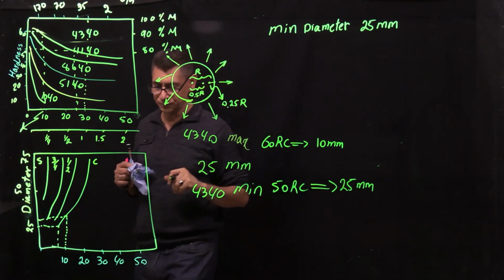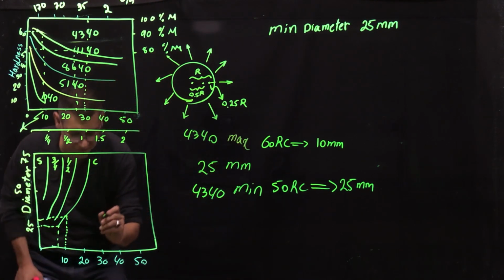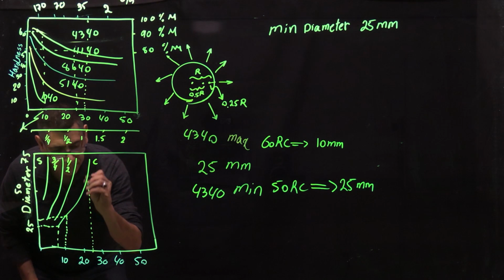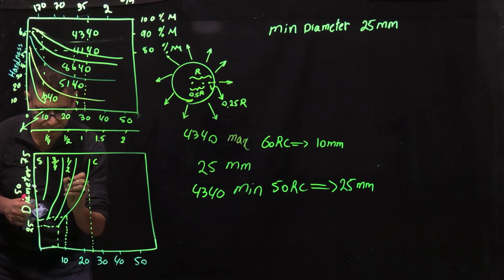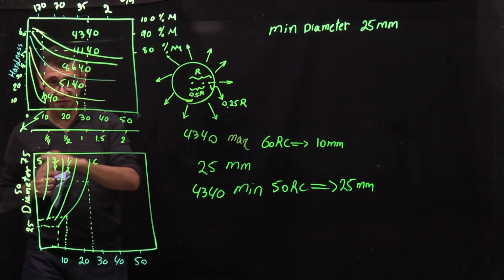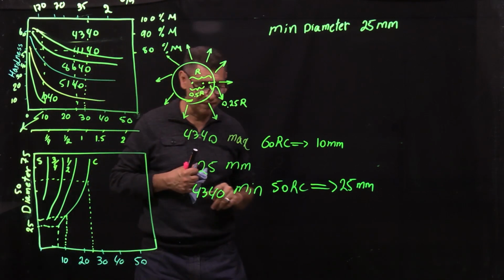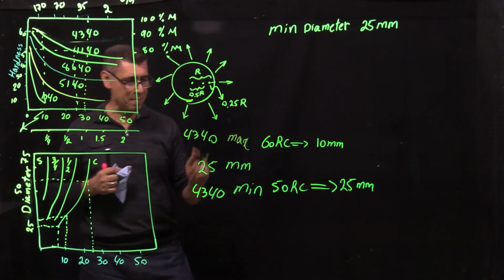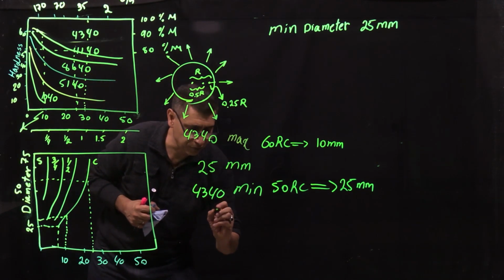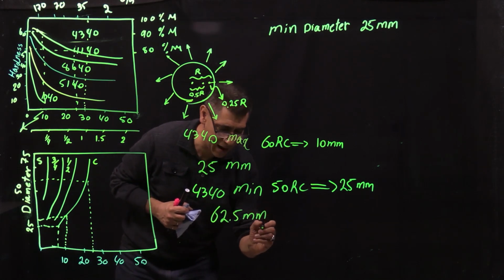And then I go to 25 right here, go here, and this gives you something between 50 to 75, halfway through, well, 62 and a half. So this gives you the maximum diameter. Therefore, 62 and a half millimeter is my maximum diameter.